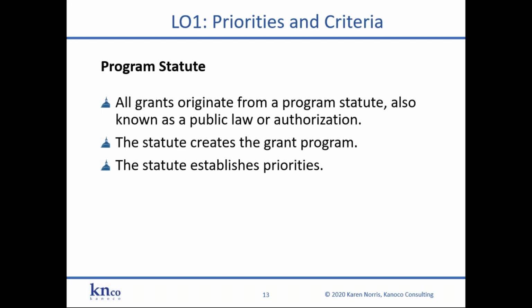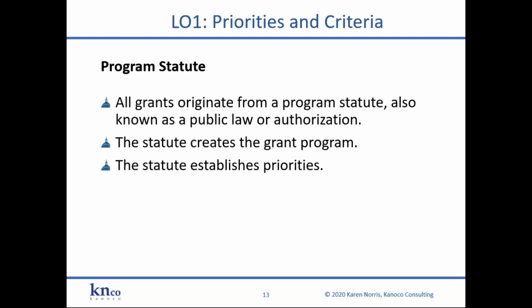So they will pass a public law, the program statute, and as part of that public law, there will be a grant program that's created. So the statute creates the grant program, and just as important, Congress will appropriate funding for that grant program. What good is the grant program if there are no funds behind it?